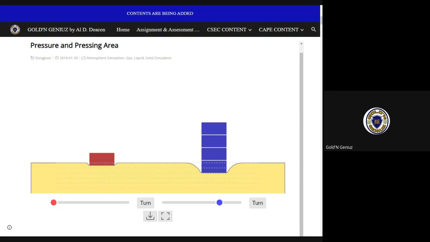So we were talking about force and pressure, the relationship between force and pressure. Good? Now, area. Let's consider the area. We are going to call this configuration the first configuration, and we're going to call this configuration the second configuration.